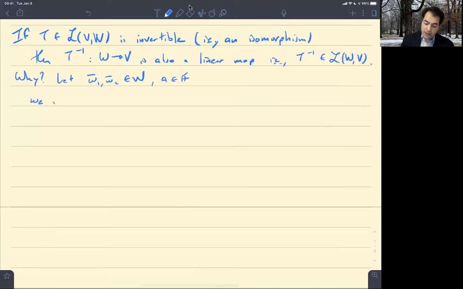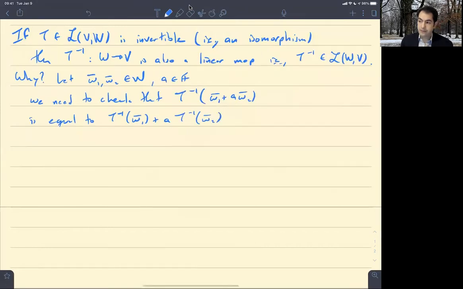We need to check that T inverse of W1 plus A times W2 is equal to T inverse of W1 plus A times T inverse of W2.